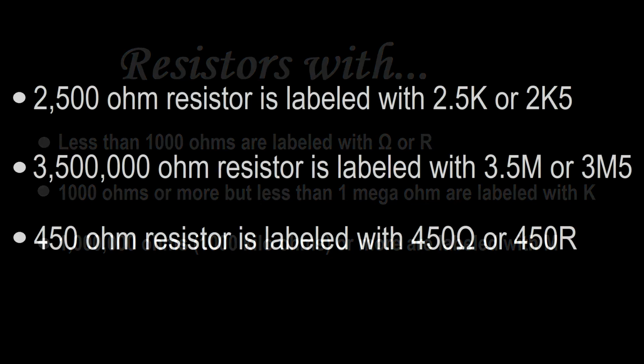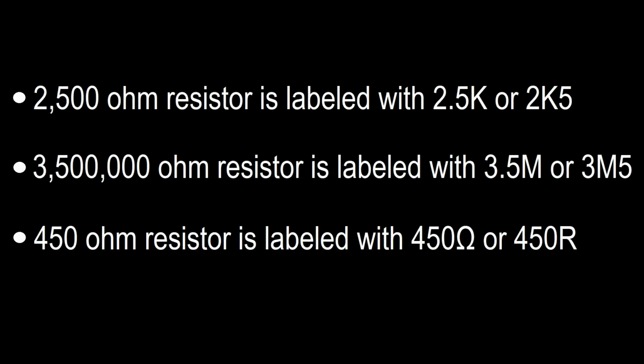If you have a resistor with 2,500 ohms, it may be labeled 2.5K, or 2K5. If you have a resistor with 3,500,000 ohms, it may be labeled 3.5M, or 3M5. A resistor with less than 1,000 ohms, like a 450 ohm resistor, is just labeled with the number, followed by either the omega symbol or an R.